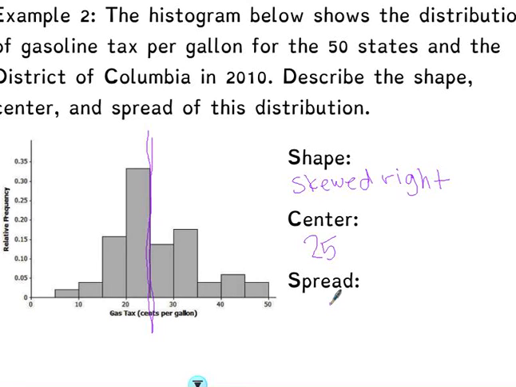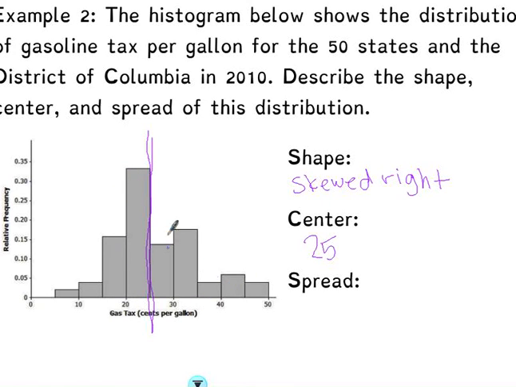Looking at the spread, this is another way of referring to the standard deviation. In reference to the center, I've got a high frequency of data that is within approximately 5 to 10 deviations from the mean. Looking at this side, it looks like 5 would be a good deviation, but over here on this side, this is significantly lower. Looking at these two bars, I would say that most of my data set on the left is within here.